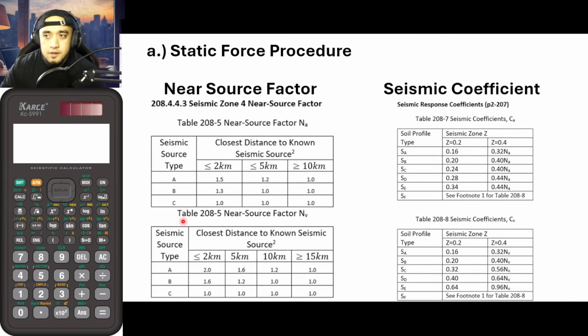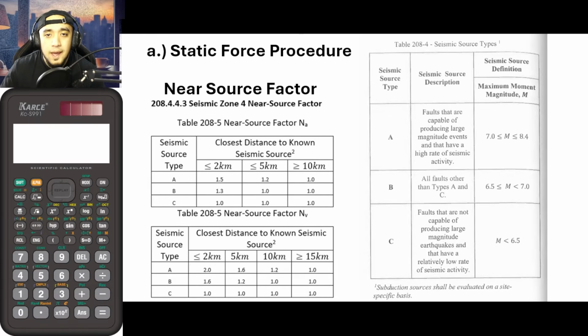So here in the Philippines, or not really just here in the Philippines, but for the seismic source type, we have three. We have A, B, and C. Okay, so what do those imply? For seismic source type A, these are fault lines that could produce magnitude 7 up until magnitude 8.4 earthquakes.